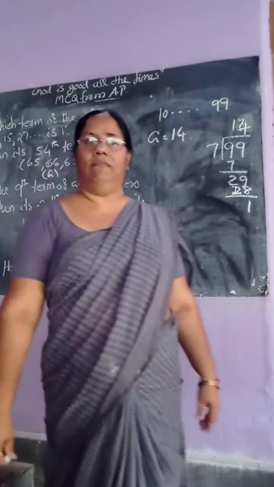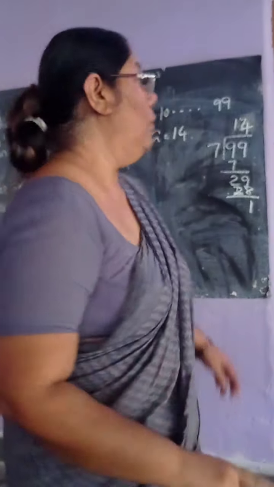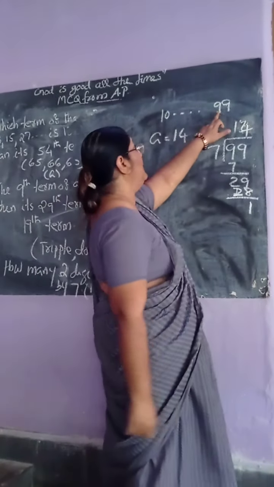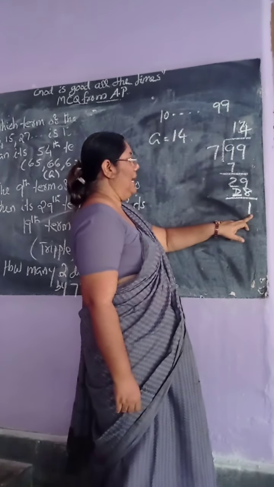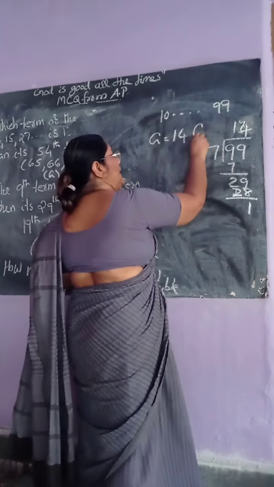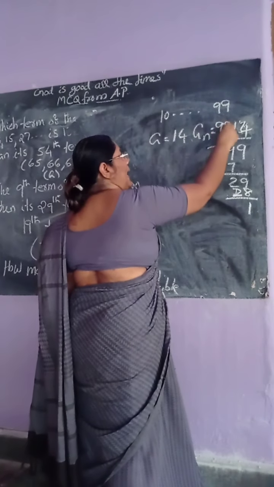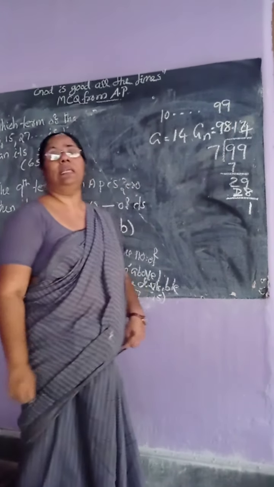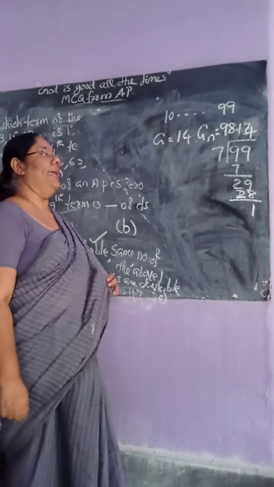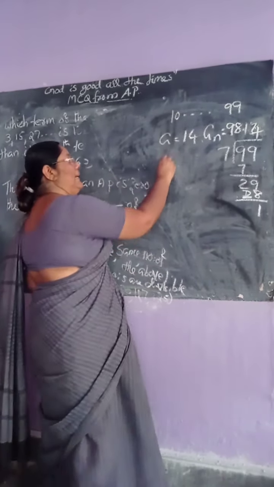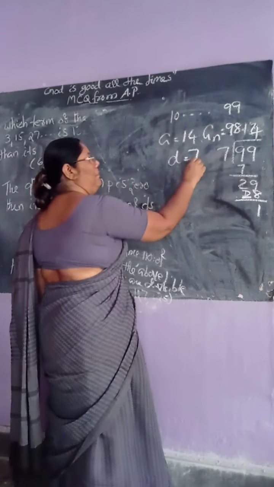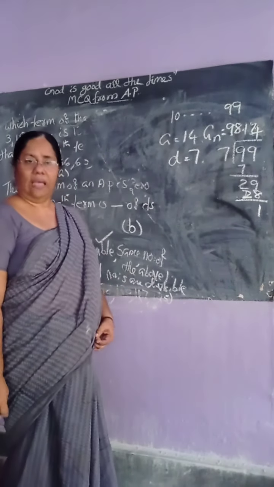Remainder is 1. Then subtract 1 from the last number. Therefore, AN is equal to 98. A is 14 and AN is 98 and divisible by 7 means D equal to 7.